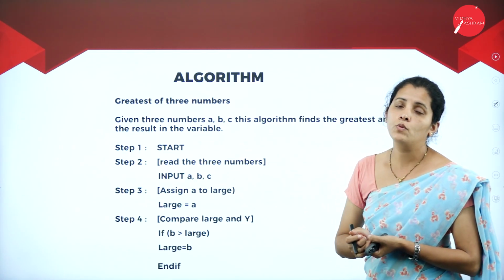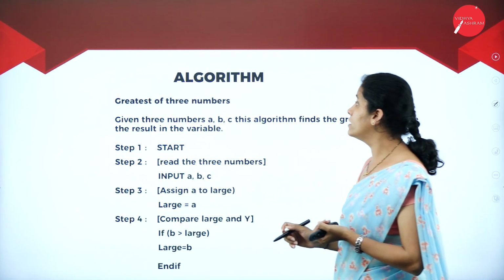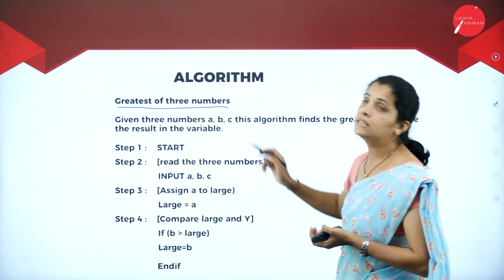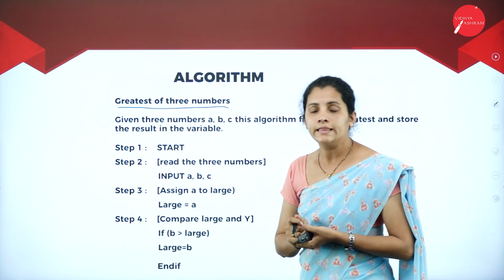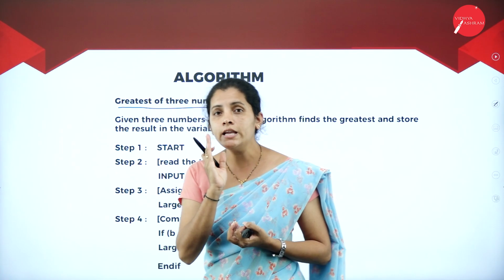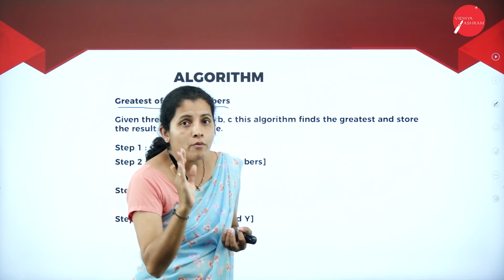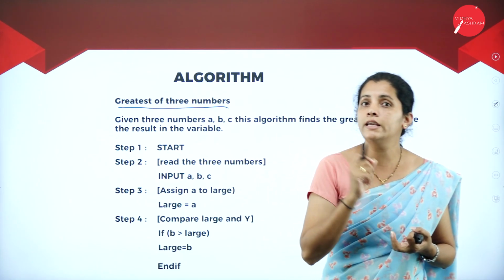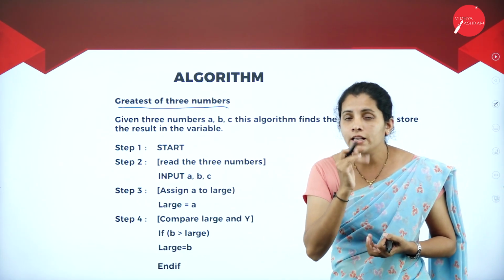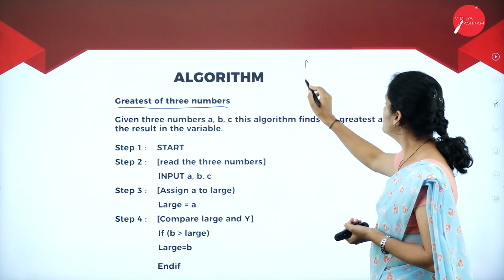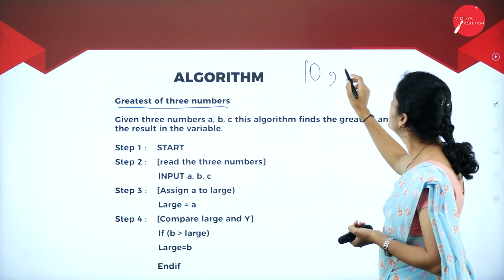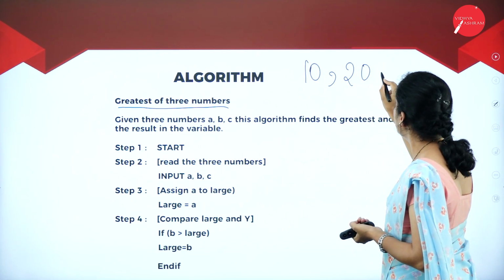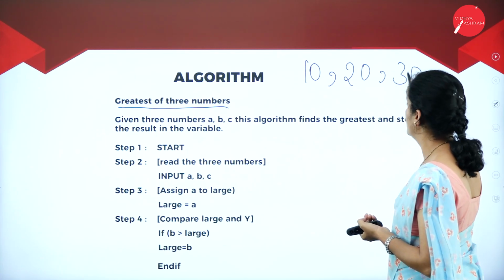Moving further, I'm going to have another algorithm, that is greatest of 3 numbers. That means think that I have 3 numbers and I want to find the greatest of the given 3 numbers. For example, consider that I have 3 numbers 10, 20 and 30.